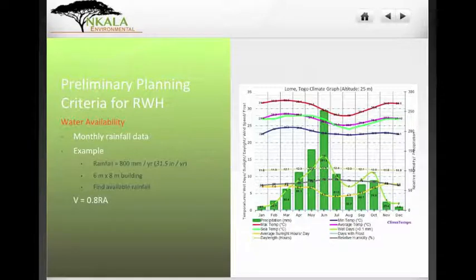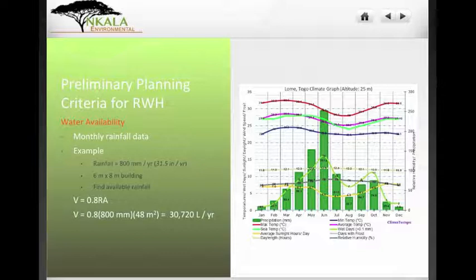We're using the equation that the volume of rainfall is equal to our runoff coefficient, which here is 0.8. I think in the previous session we used 0.85, so here I'm being a little more conservative. So it's our runoff coefficient 0.8 times R, the amount of rainfall in millimeters, times A, the projected area of our roof. To find the available rainfall for this location, we substitute our values into this equation.